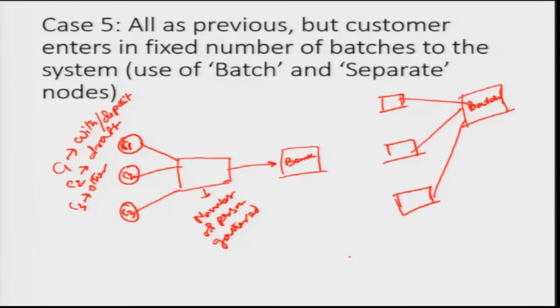For example, one person can take a bag and transfer 20 parts together to the next location. Until 20 parts come, that person cannot transfer the material to the next person. So this kind of scenario requires the batching node in Arena simulation to be utilized.